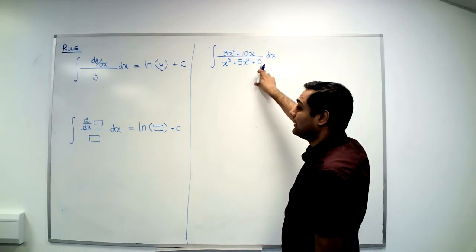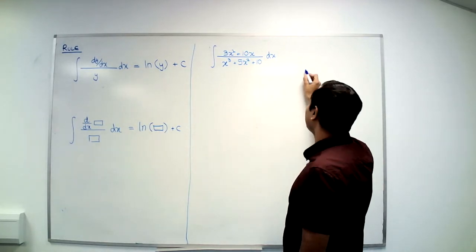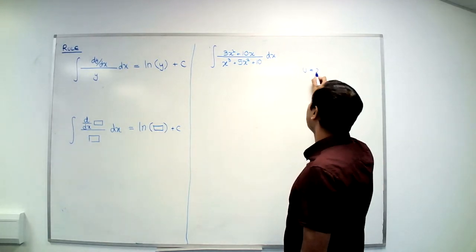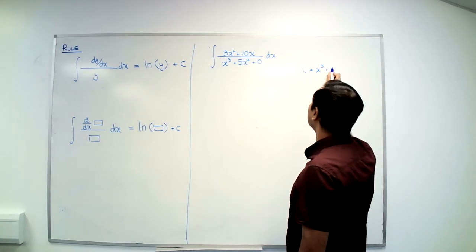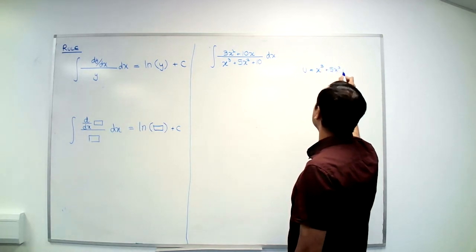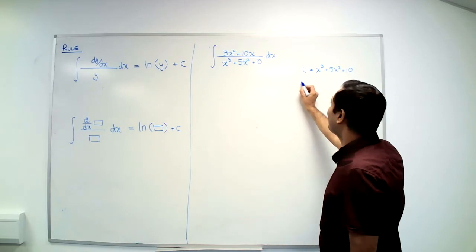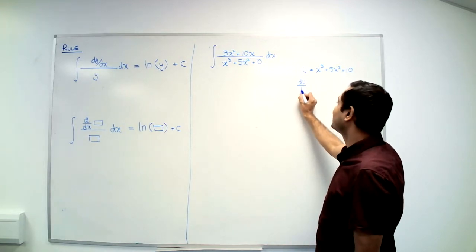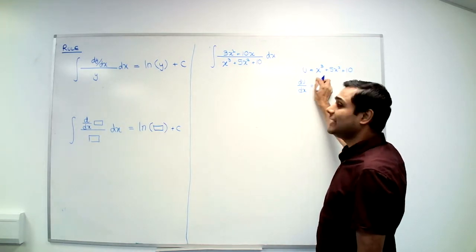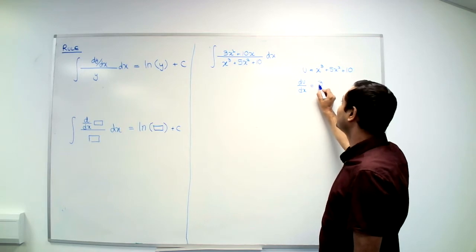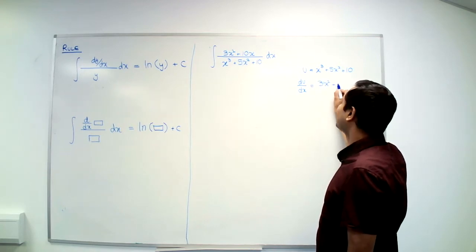I need to get that one, and I'm going to call it u. So you write down u equals x cubed plus 5x squared plus 10. Find du over dx. When you differentiate that, it becomes 3x squared plus 10x.